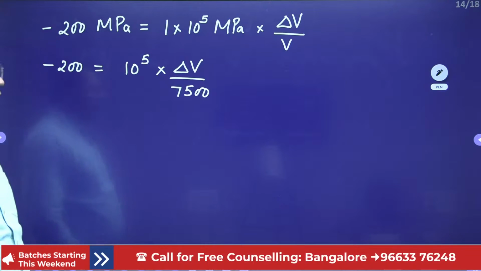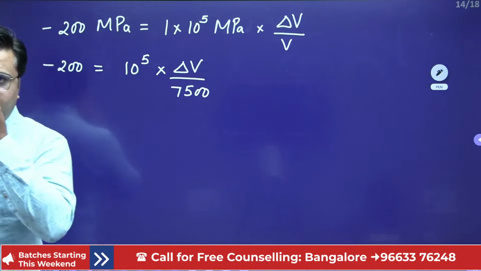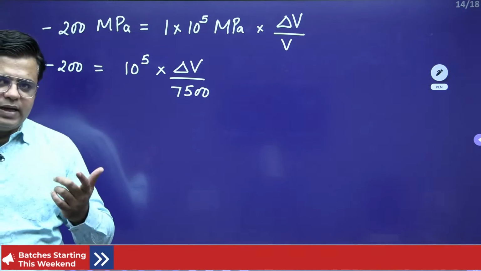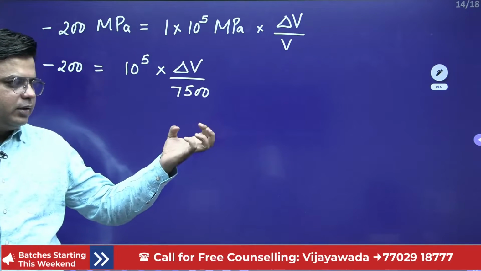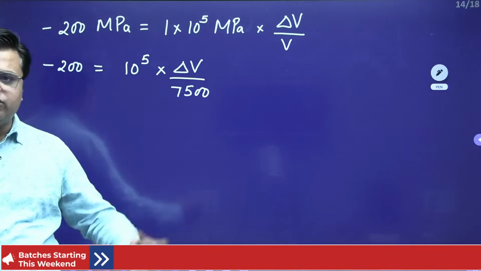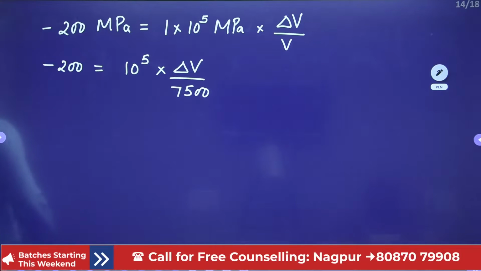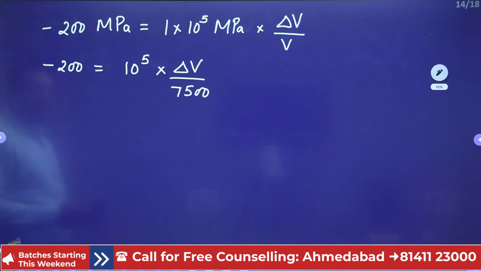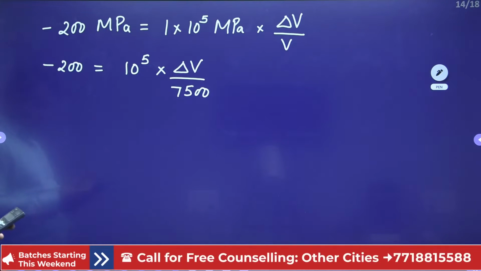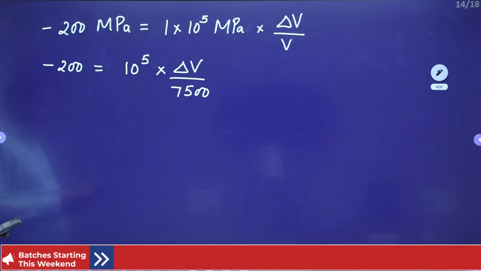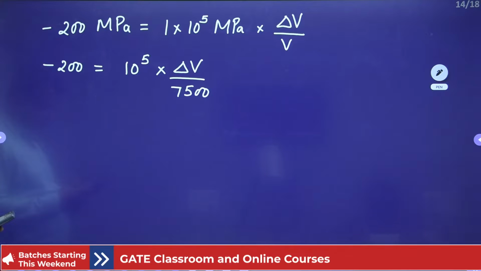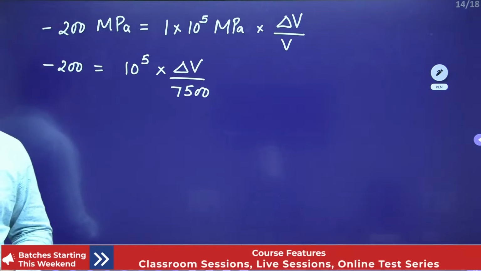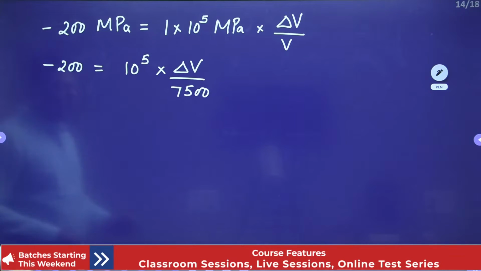Just quickly do the calculation and calculate the change in volume. The negative change in volume means that the volume will be reduced, it will be compression. Just do this calculation quickly. So this is 200 into 7500 divided by 10 raised to power 5, which comes out to be 15 mm cube.